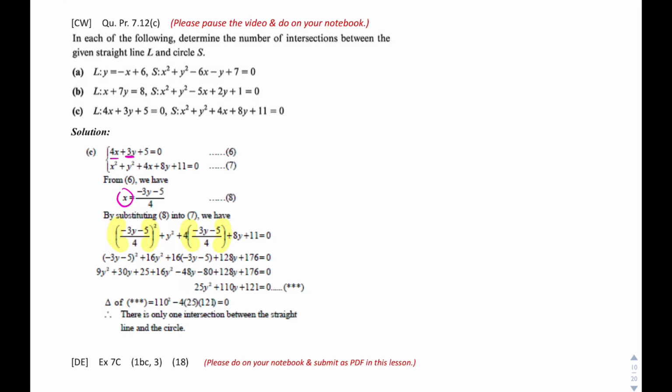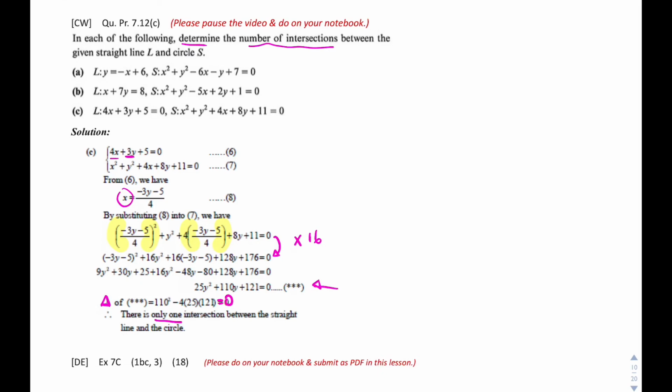And here, when you try to simplify, you multiply the equation by 16 to remove the denominator. Remember that you have to multiply each term by 16 to get our quadratic equation in y. And for this case, you have to determine the number of intersections. So you just calculate the discriminant, and this is equal to 0. So the conclusion is there is only one intersection.